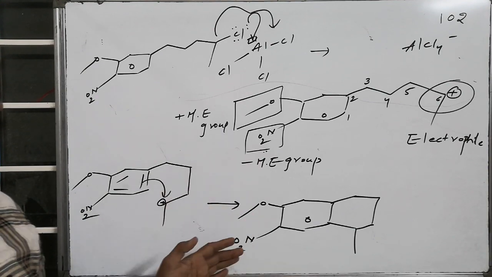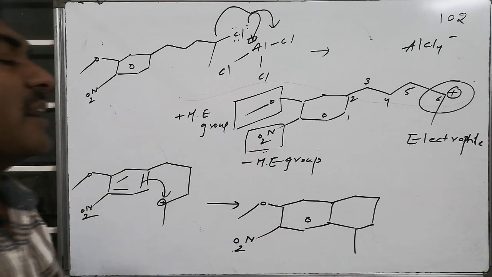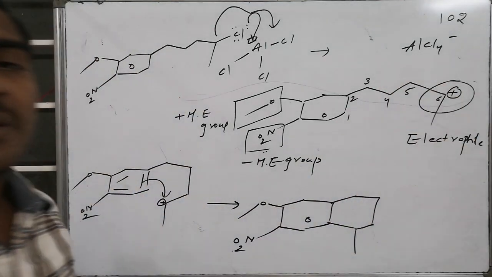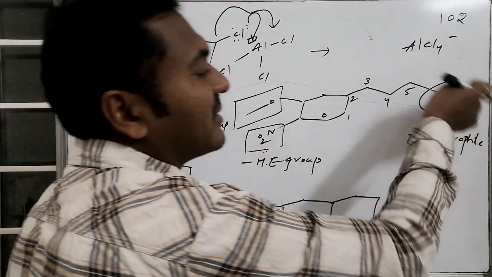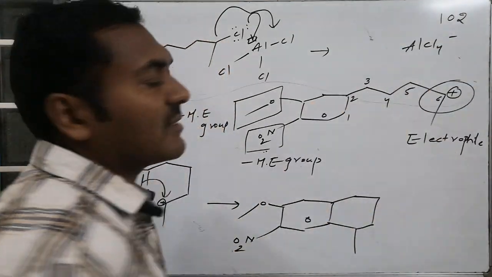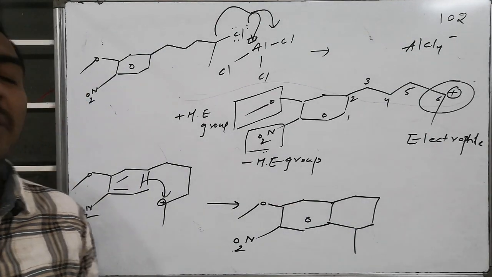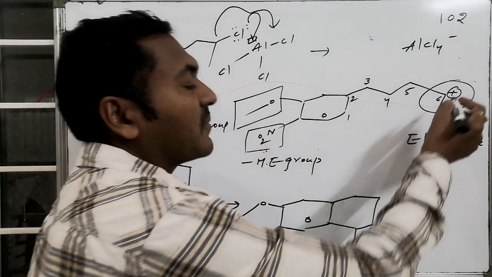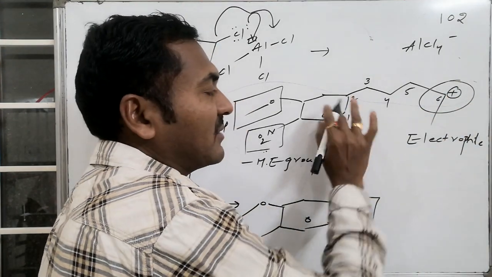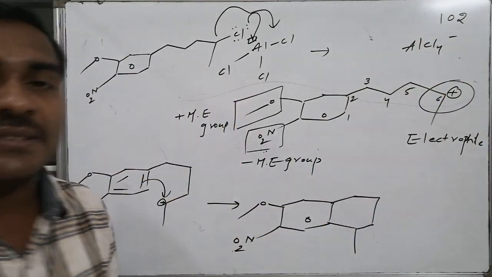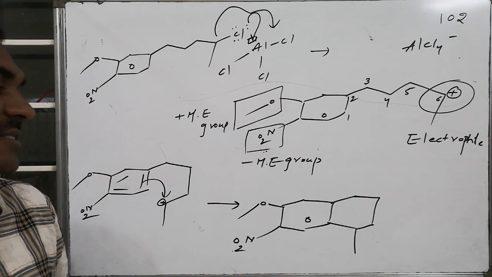Hence substitution takes place at the para position, and it results in the formation of the most stable carbocation. Secondary is the most stable. Near the secondary, no other relatively more stable carbocation is possible. Hence from this formed secondary carbocation, the size of the ring becomes 6-member. That is also a stable ring system.